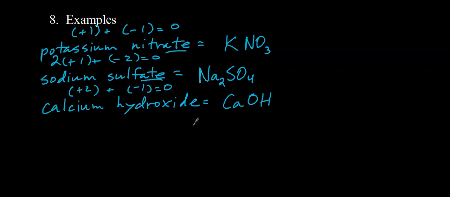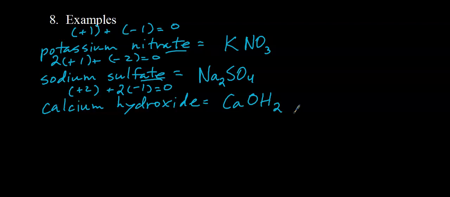If not, make them. So it looks like we need 2 of the -1 ions for every 1 of the +2 ions. So we need 2 hydroxides for every 1 calcium. So let's do that. What does that mean? This is not correct.